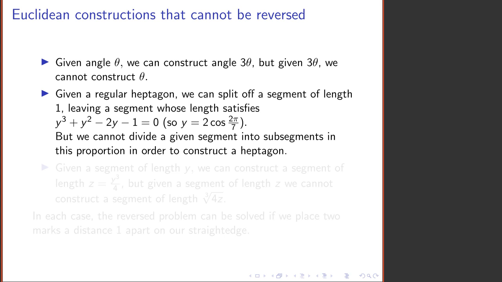And you've already seen that this value of y is equal to twice the cosine of 2 pi over 7 radians. In other words, this y is intimately related to the angle that you need to make a regular heptagon. On the other hand, we don't yet have a way of dividing up a given segment into segments of length y and length 1 for which this equation is satisfied.